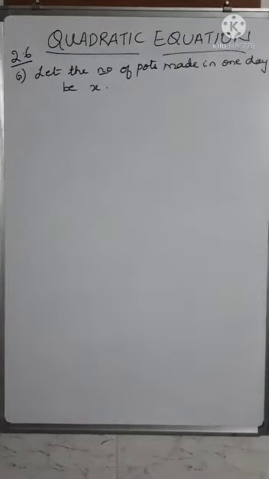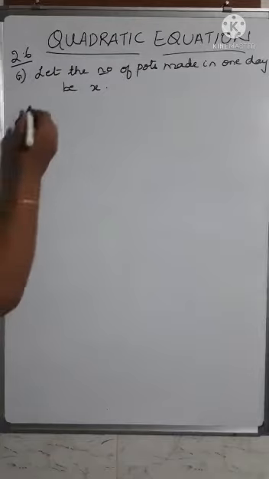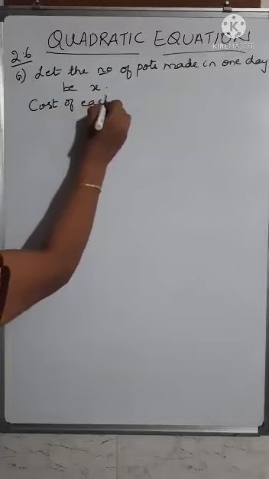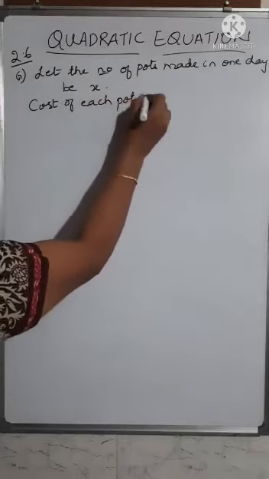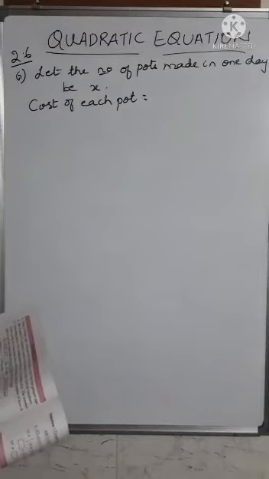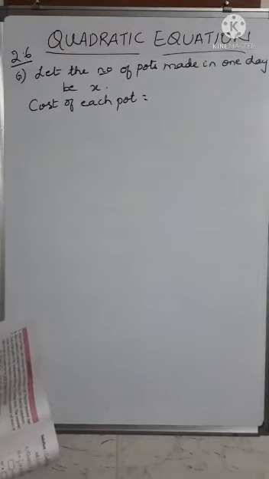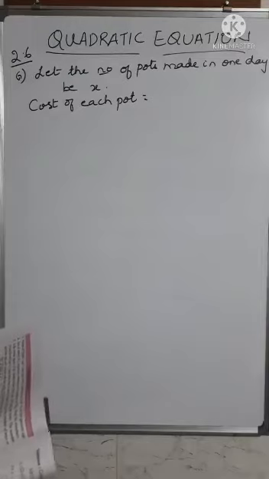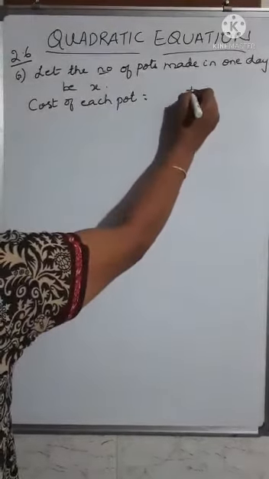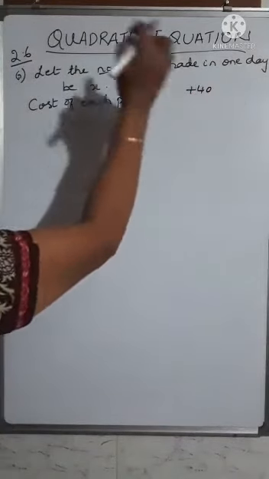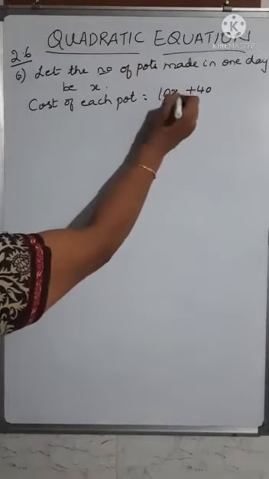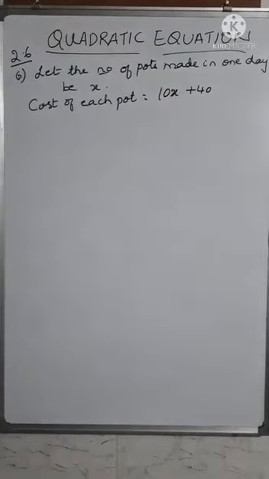Then you have to find out the cost of each pot. Cost of each pot is equal to what they have given in the problem. Production cost is rupees 40 more than 10 times the total number of pots he makes in one day. So 40 more than 10 times the number of pots he makes in a day. So you get 10x plus 40. So this will be the cost of each pot.